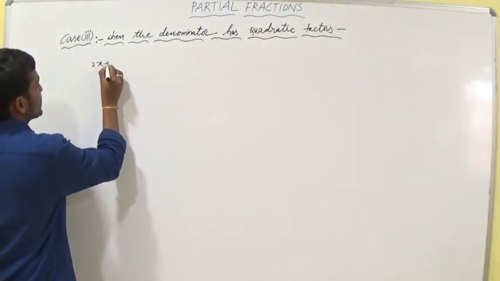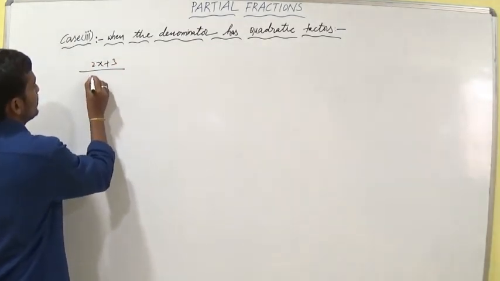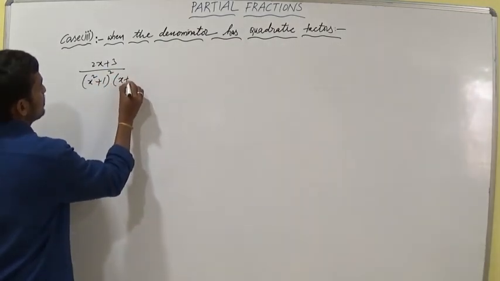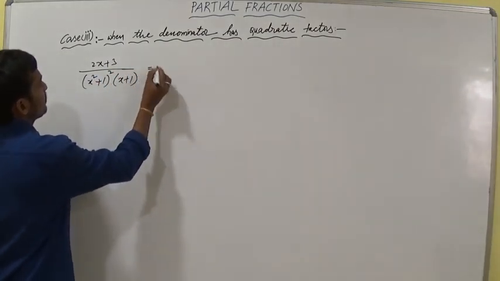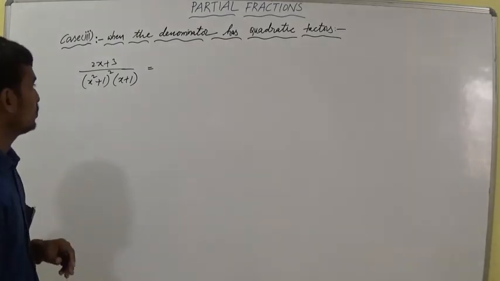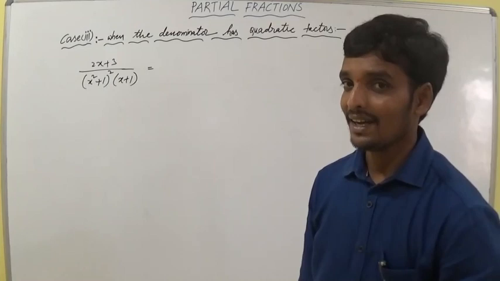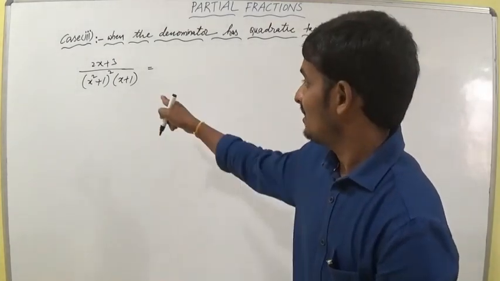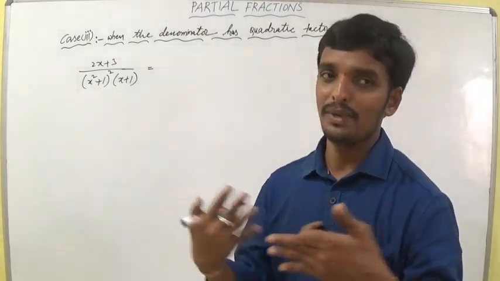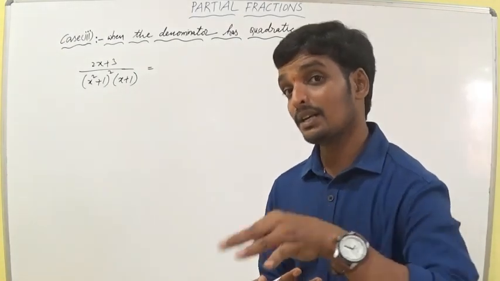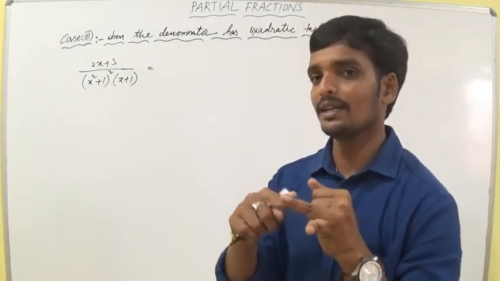For example, 2x plus 3 by x square plus 1 whole square into x plus 1. Observe this problem. Repeated quadratic and the linear combination, mixed. Already we have discussed mixed in the third problem. That mixed is quadratic and the linear.